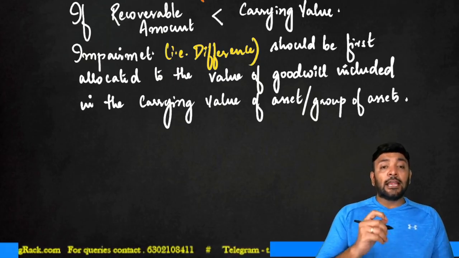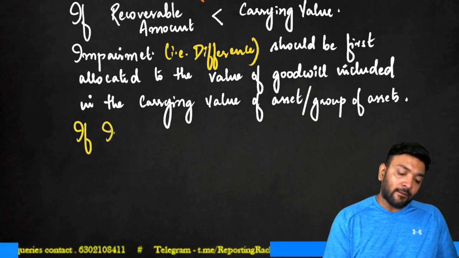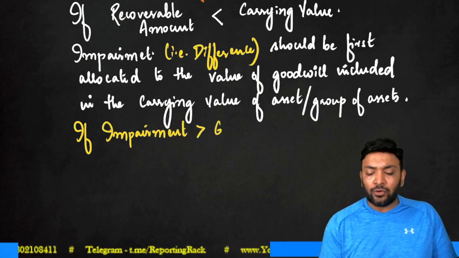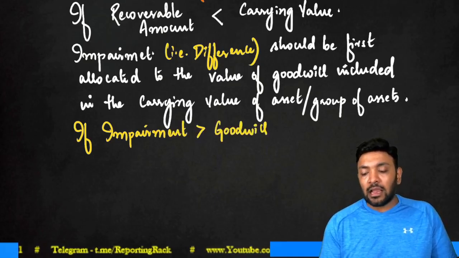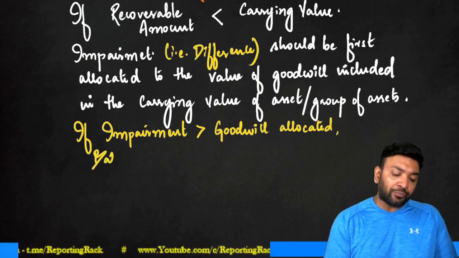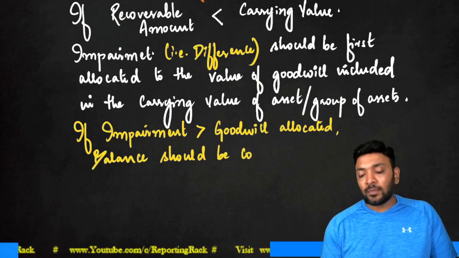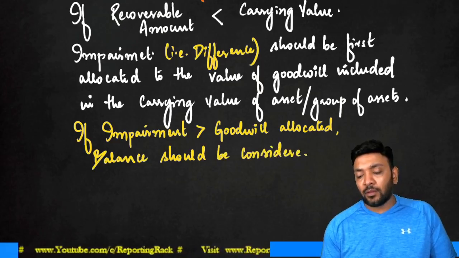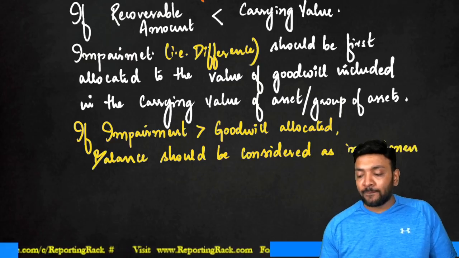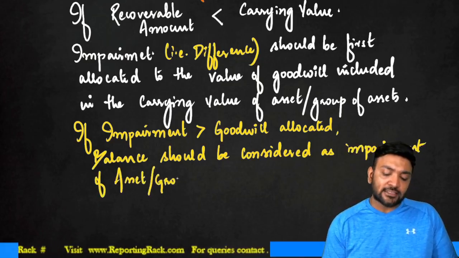Okay. If the impairment identified is greater than the goodwill, if the amount of impairment is greater than the value of goodwill allocated, then the balance should be considered as impairment of asset or group of assets.